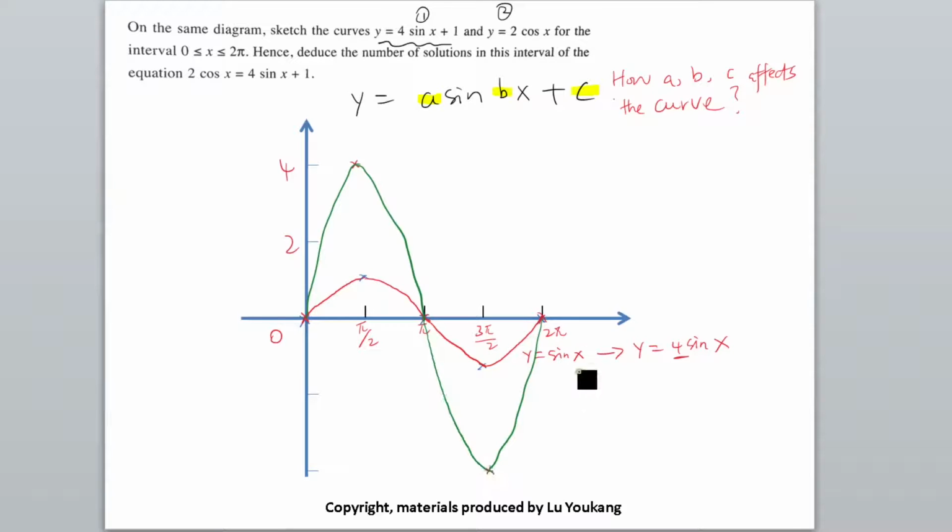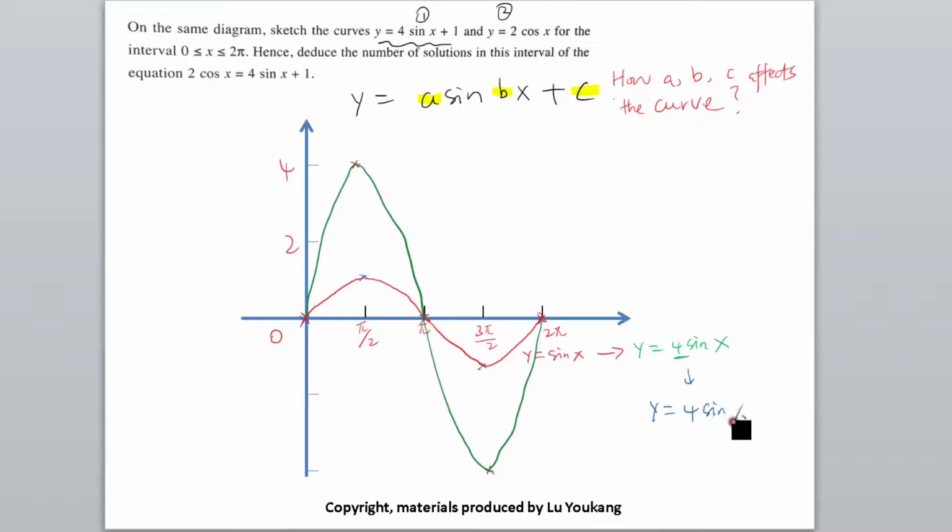The graph is in green for y equals 4 sine x. Okay, so let me change y equals 4 sine x to green color, so that each color matches its equation.